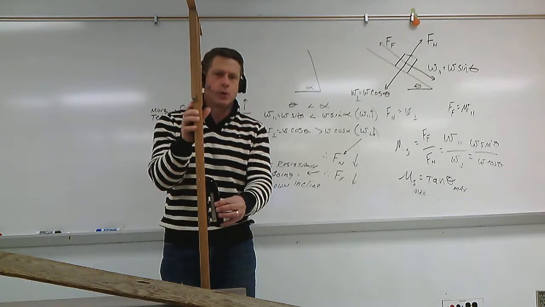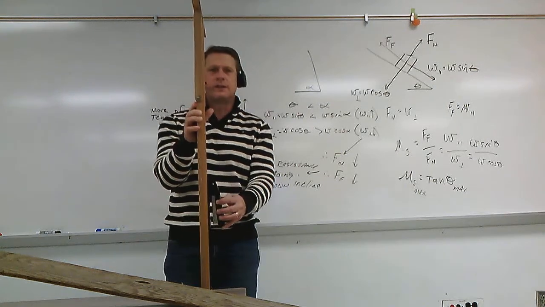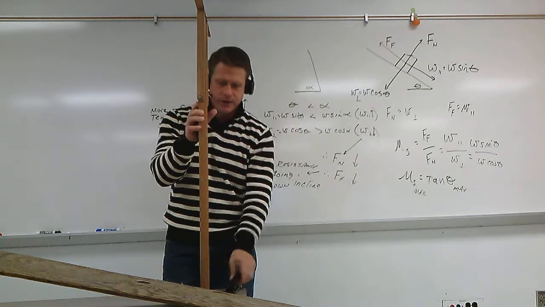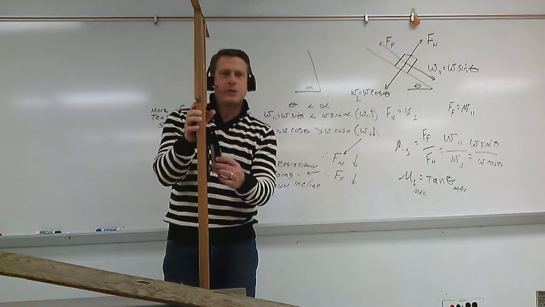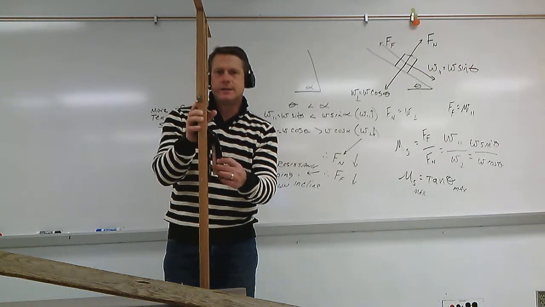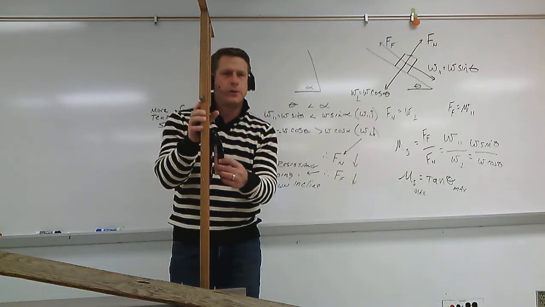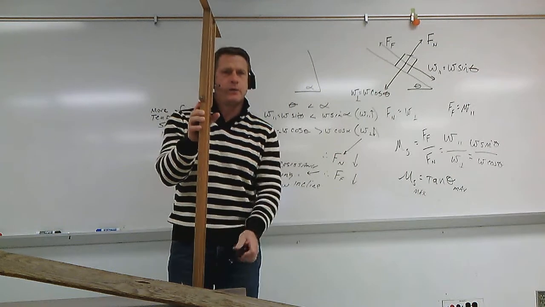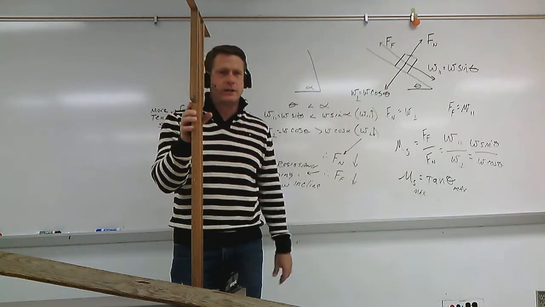There is no portion of the weight going perpendicular to the incline, because weight never acts in this direction. So right here, my W perpendicular is 0. Therefore, my normal force is 0, and therefore my friction force is 0, which is in part why things just slide down the incline like that.